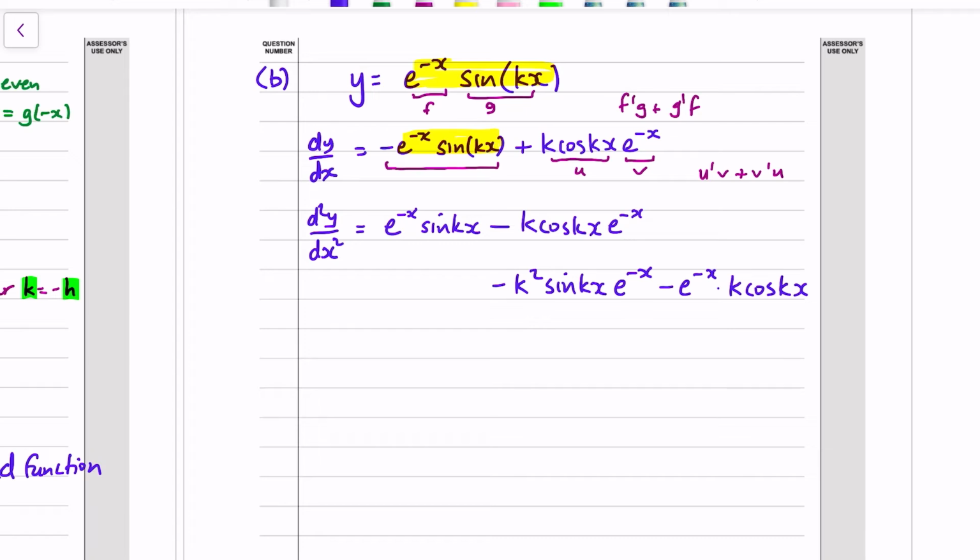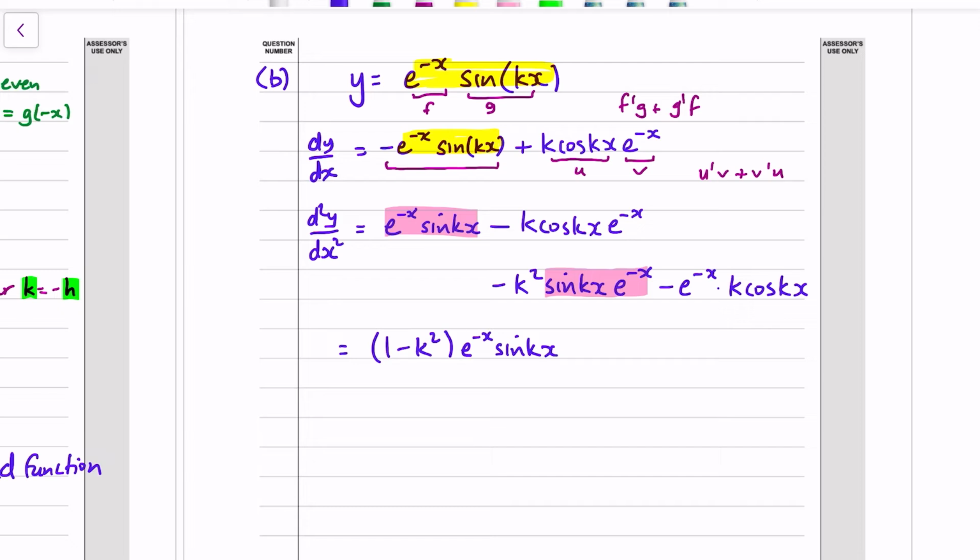Okay, now there are some like terms here, so before I differentiate it a third time, I do want to tidy them up. We can see here that there's an e to the minus x sine kx there, and there's also e to the minus x sine kx there. So putting those together, we've got 1 minus k squared e to the minus x sine kx.